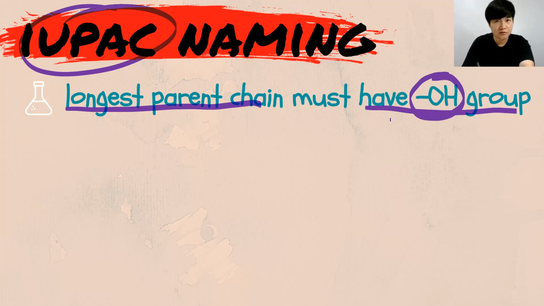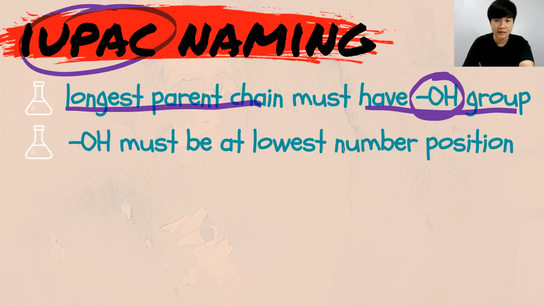And the second golden thumb rule in your IUPAC naming is the carbon that is holding the OH group must be at the lowest possible number. So the parent chain deserves to get the lowest number, like your carbon-carbon double bond, but over here we are changing to alcohol. So the carbon holding the OH group must be at the lowest position.